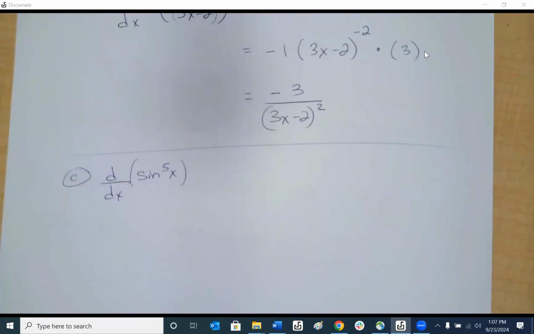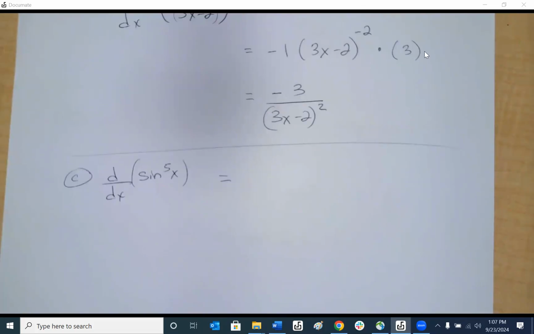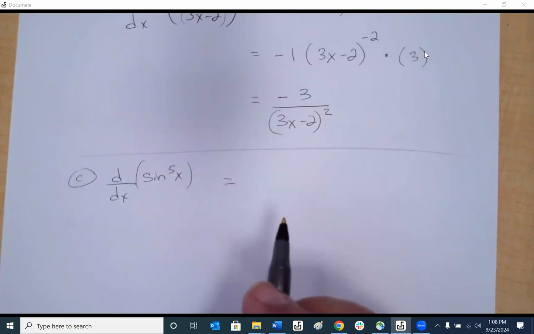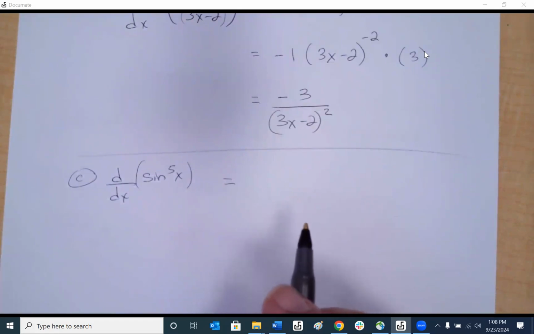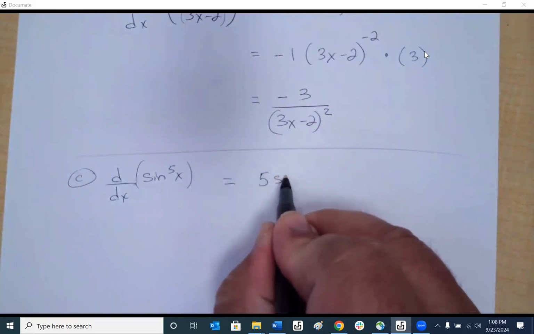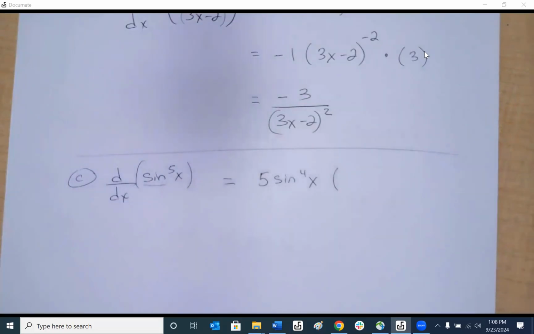Now the derivative of sine to the 5th of x. Five sine to the 4th of x times, what's the derivative of sine?